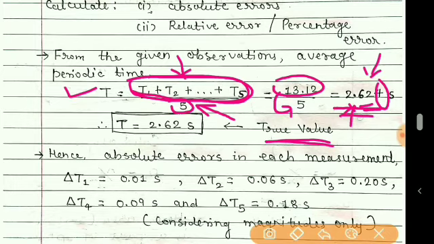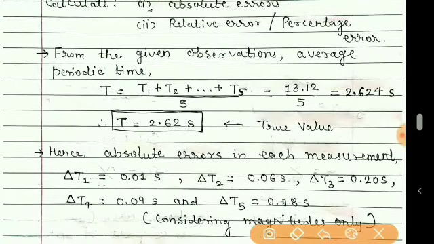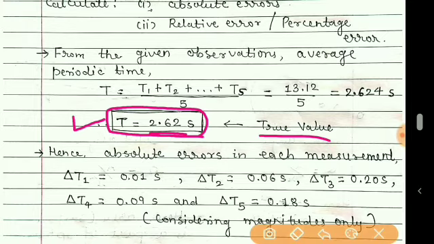It is because in the given readings, you can see in all these observations, after the decimal point there are only 2 digits. And so in our answer also, for this mean value, there should be only 2 digits after the decimal. So the mean value is obtained to be 2.62 second. Now this is the true value, and we want to obtain the absolute errors in each measurement.